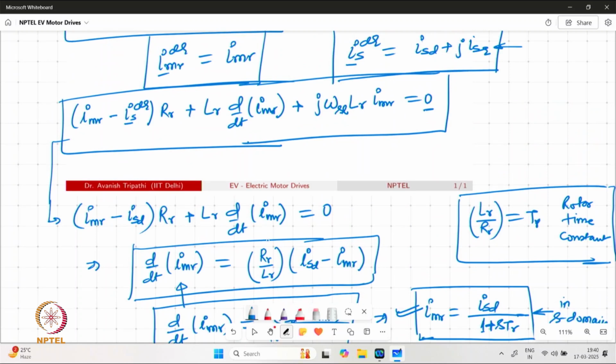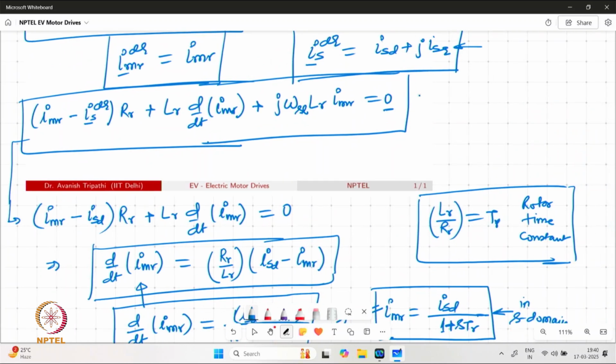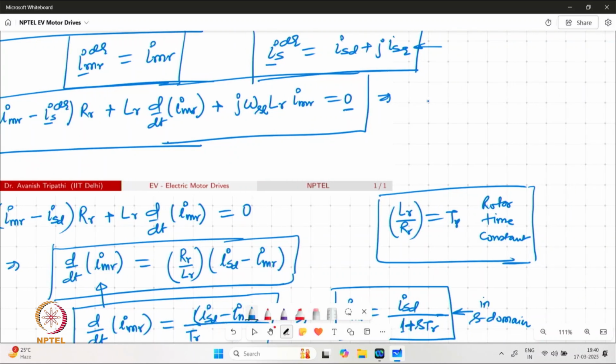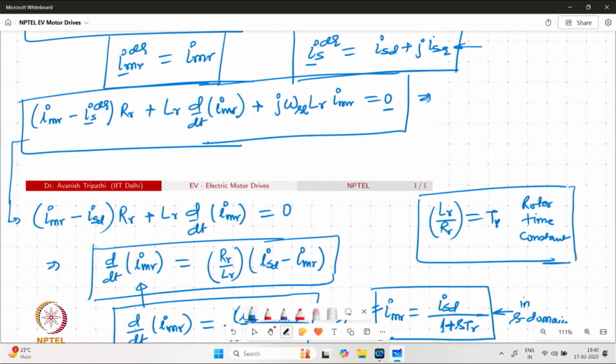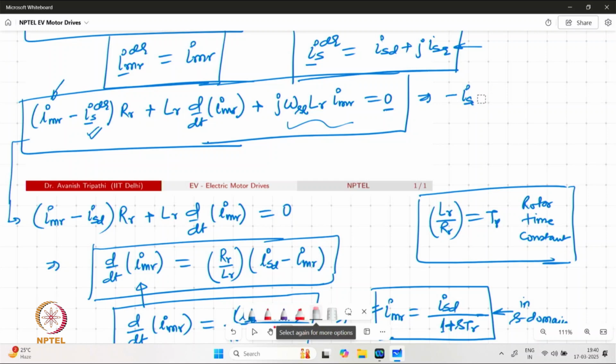Now taking the other part of this equation, which is the imaginary part of this equation. Because IMR doesn't involve any imaginary component, we have imaginary component only with IS dq and the component which is given over here. So we have minus ISQ RR plus omega slip LR IMR, this whole going to 0.